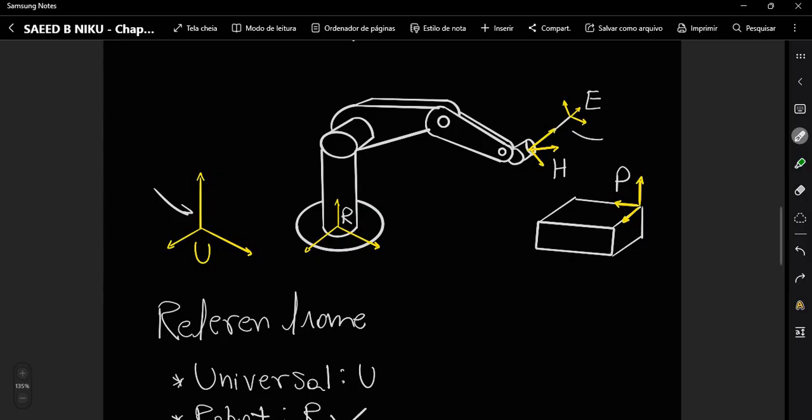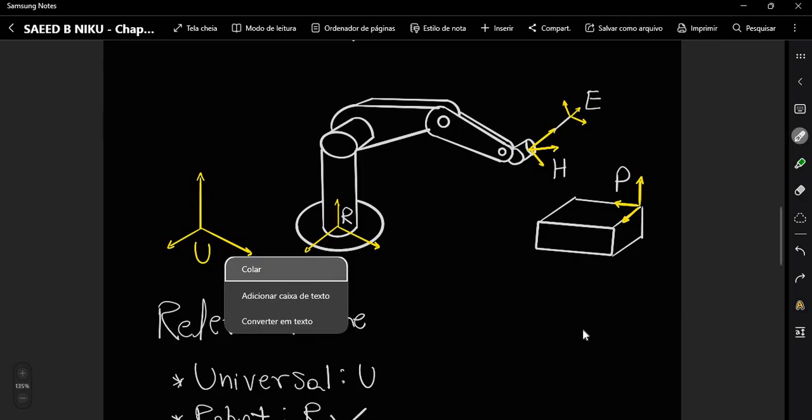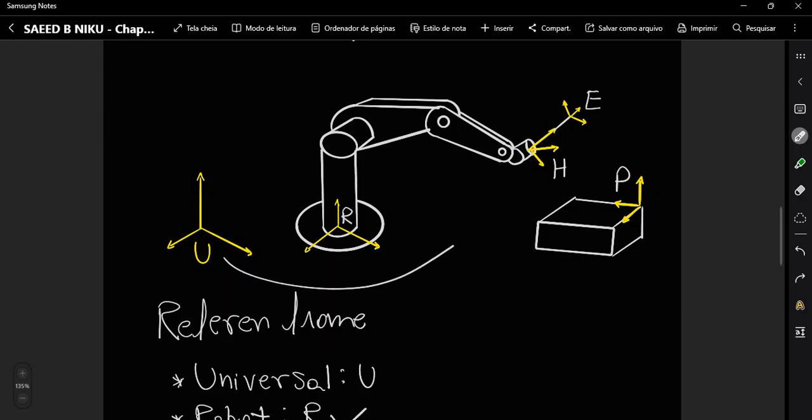The end effector is a reference frame, and right here again a reference system that we can write equations to describe the motion of this robot, the motion of the links, the motion of the whole system based on this reference system.